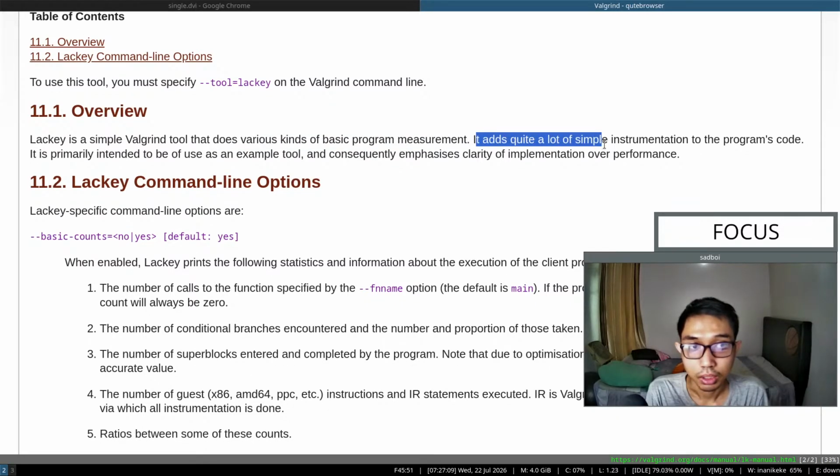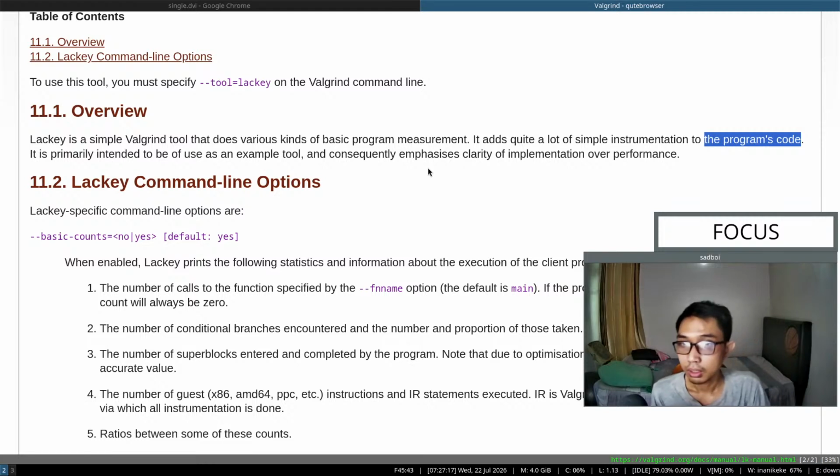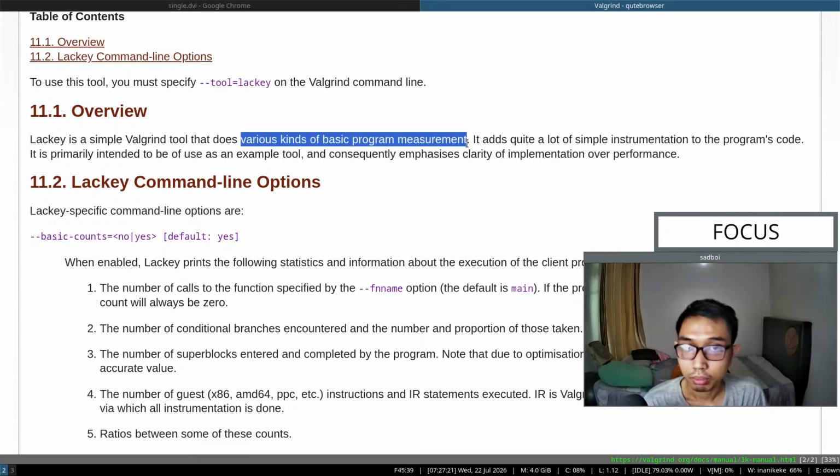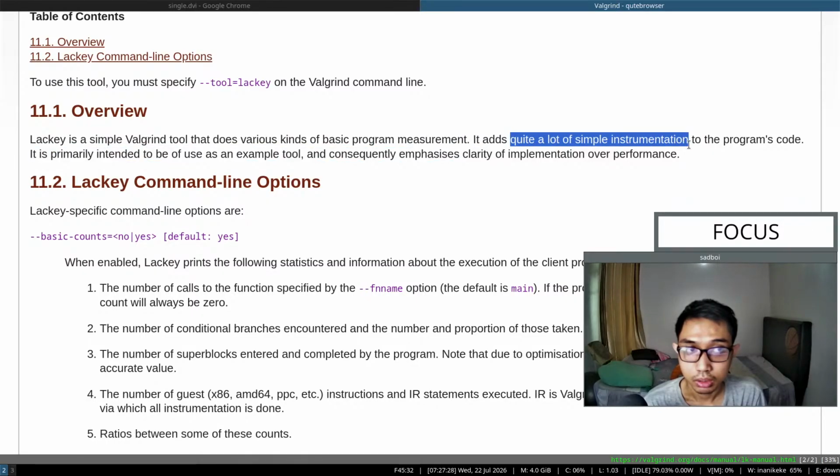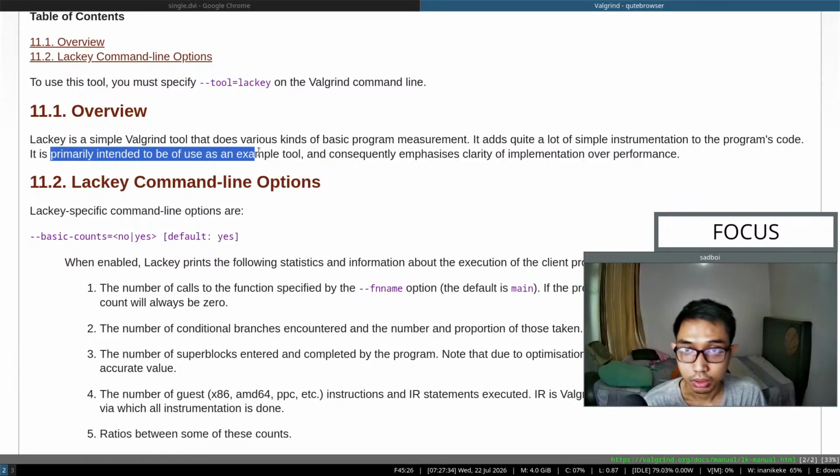It adds quite a lot of simple instrumentation to the program's code. It is primarily intended to be of use as an example tool.